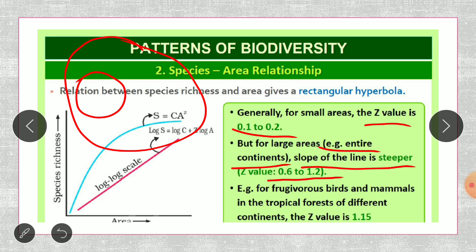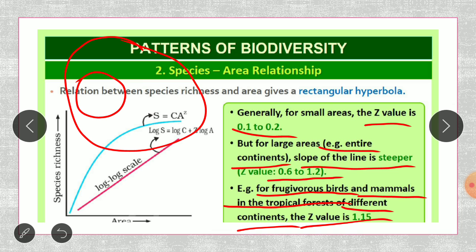There is an example for this. Frugivorous birds are nothing but fruit-eating birds. For fruit-eating birds and mammals in the tropical forests of different continents, the Z value is 1.5.